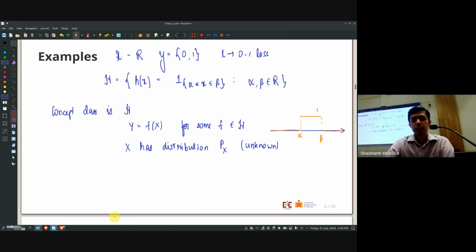Okay, and since the concept class is equal to the hypothesis class, I can write f of x as indicator of x lying between some alpha and beta. Let me call the true alpha and the true beta alpha star and beta star. So the ground truth is fully specified by these two numbers, alpha star and beta star.